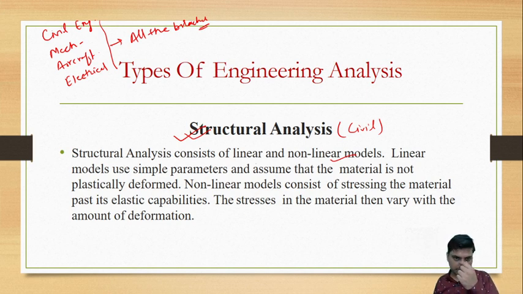Linear models use simple parameters and assume that the material is not plastically deformed, whereas non-linear models consist of stressing the material past its elastic capability. The stress in the material then varies with the amount of deformation. So both linear and non-linear types of problem we can solve by using this FEM in structural analysis.